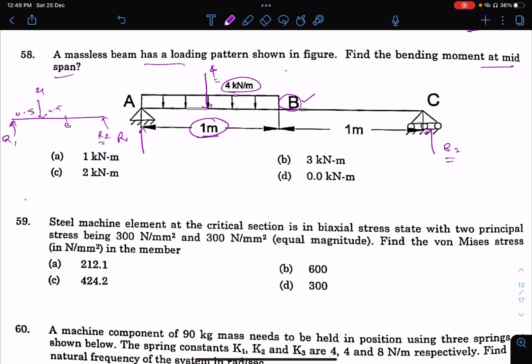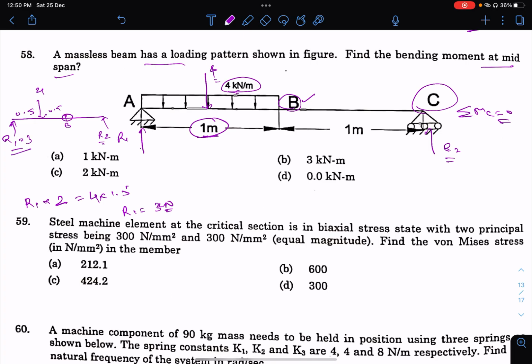So R1 into 2, about this point I am writing the bending moment is 0. So R1 into 2 is equal to 4 into 1.5. So R1 will come out to be 3 kilonewton, because it is in kilonewton.